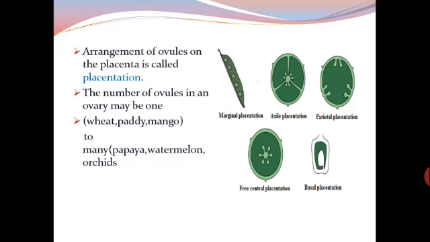The number of ovules in an ovary may differ in different species. It may have 1 or many ovules in the ovary.